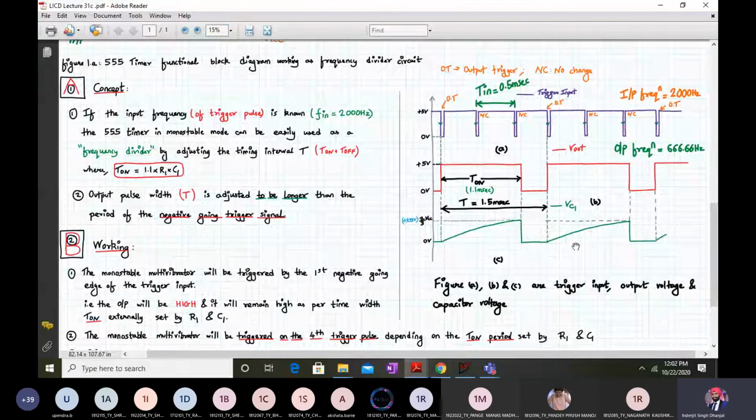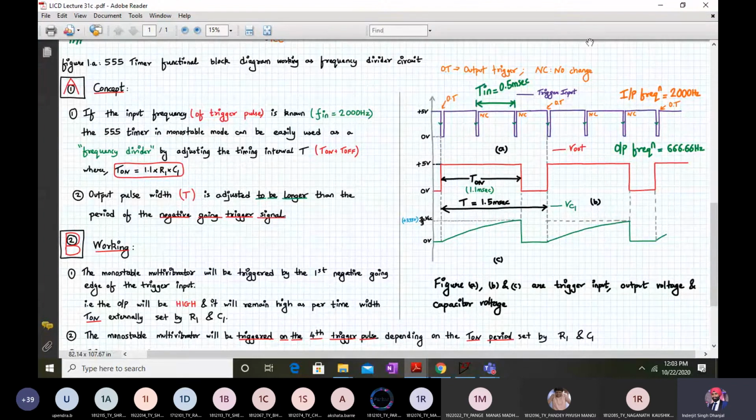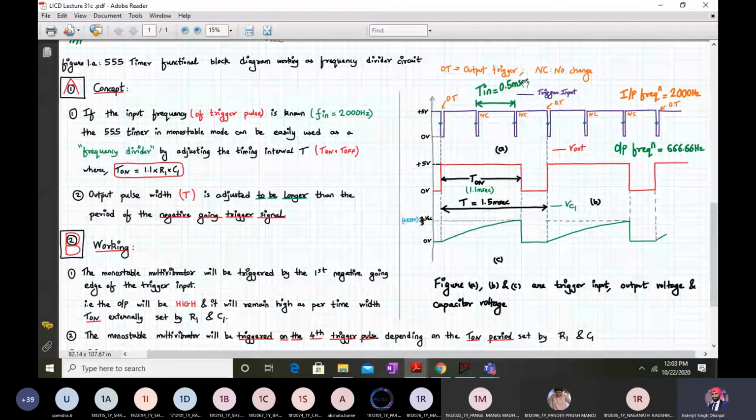Now, I want to keep the theory also. Here the input trigger pulse is a known input frequency applied as trigger pulse, and that frequency is around 2000 hertz. That means we can define when the next trigger pulse will come, and the difference between two consecutive trigger pulses is my T in, which is 0.5 millisecond. I've designed it so.